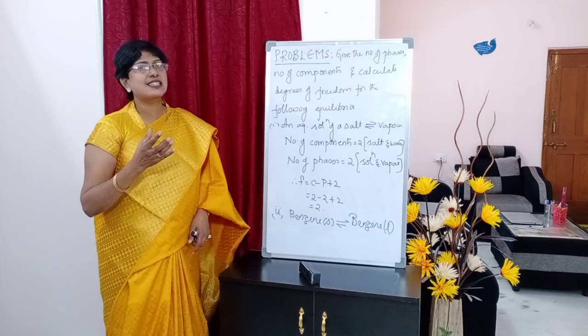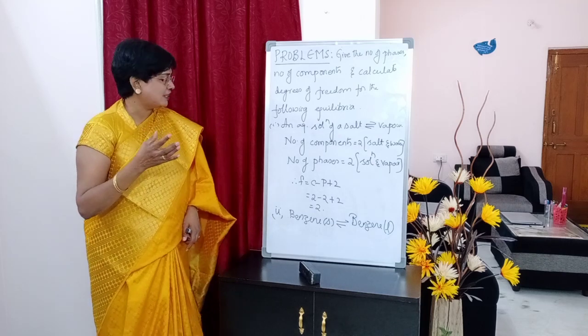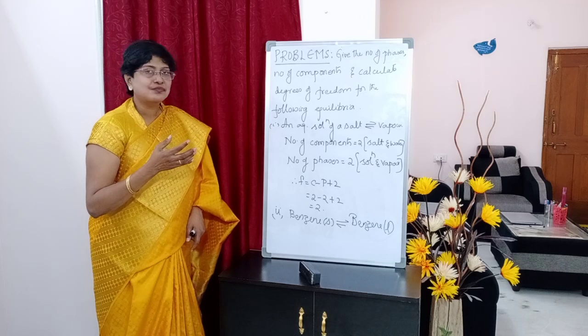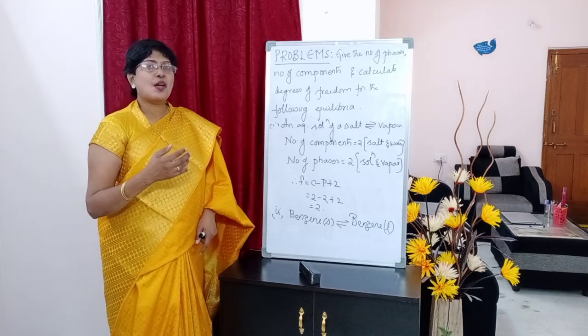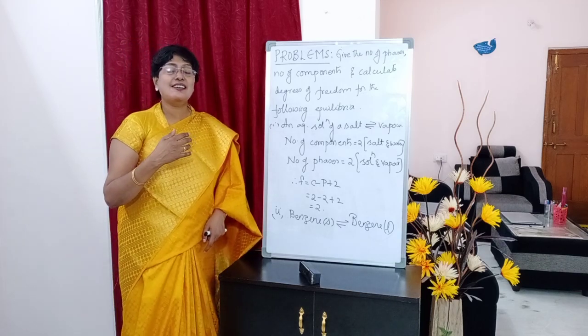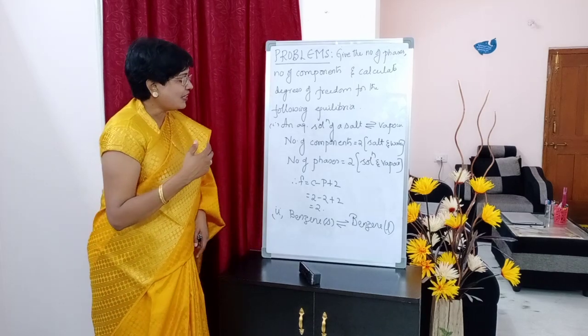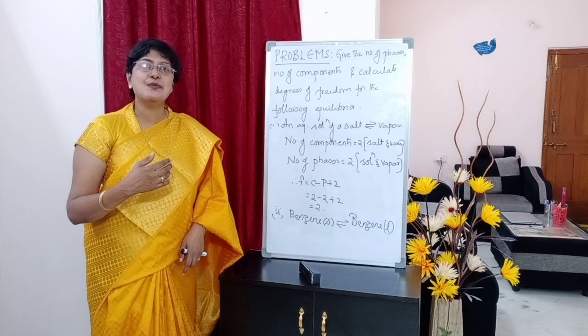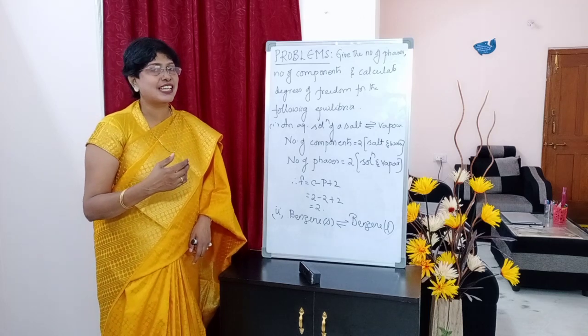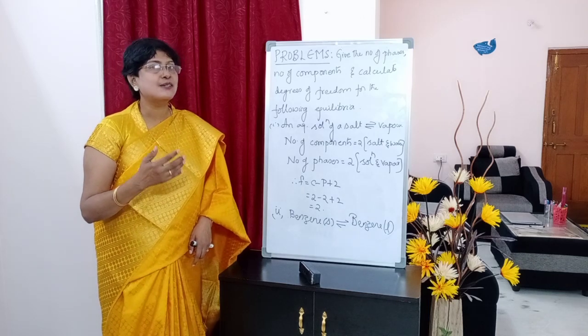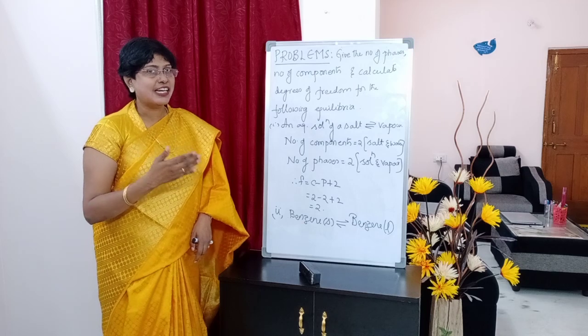Okay. So these are just numericals, students. Fine. Second one, second equilibrium. Solid benzene in equilibrium with liquid benzene. Which phase is absent? Vapor phase is absent. I did not do the solution.